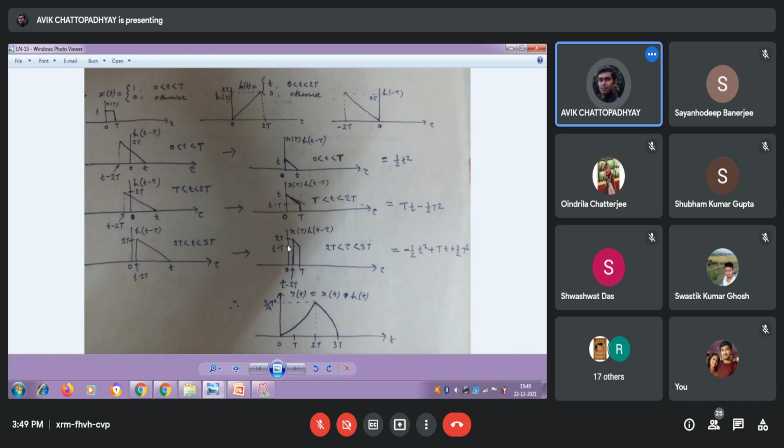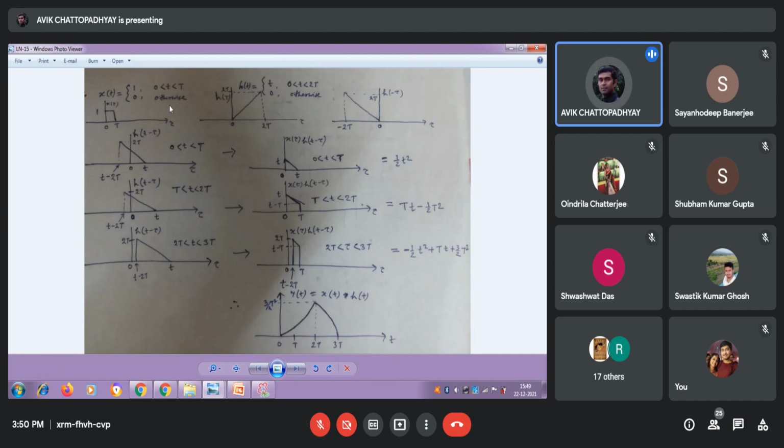You have to show graphically the convolution between two signals, out of which one is exactly x(t), which is shown over here, and the h(t) in the first case will range from 0 to t. Please note, 0 to t, not 0 to 2t.